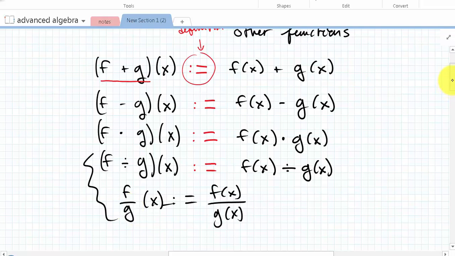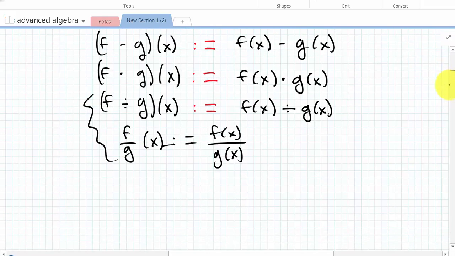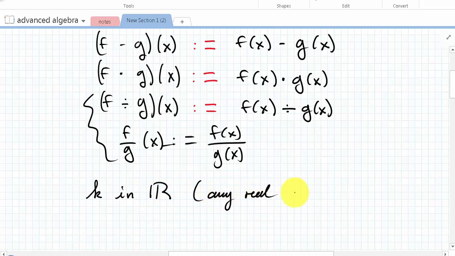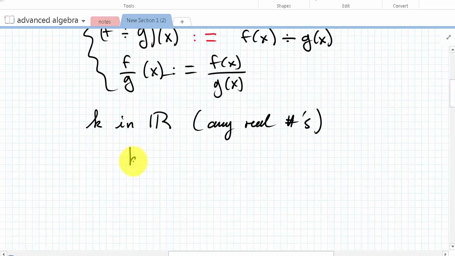Actually, there is a fifth one I need to define. If you take k in R, so k is any real number, how do you define k times a function? This is a real number, but this is not a real number.